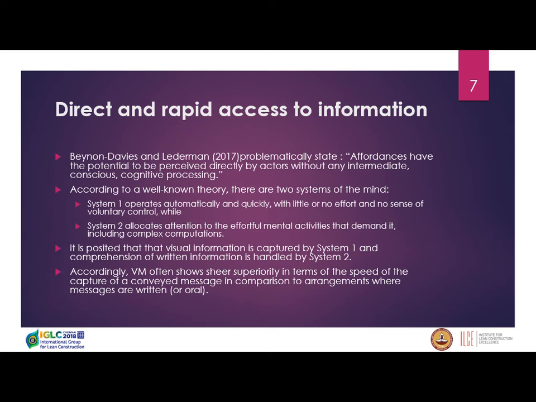So the hypothesis at hand is that visual information, visual management, is captured by system 1, while comprehension of written information is handled by system 2. So this is the simple explanation for this direct and rapid access of information.